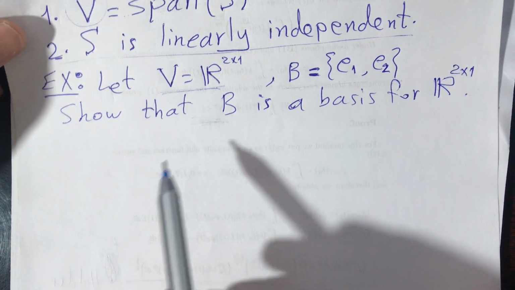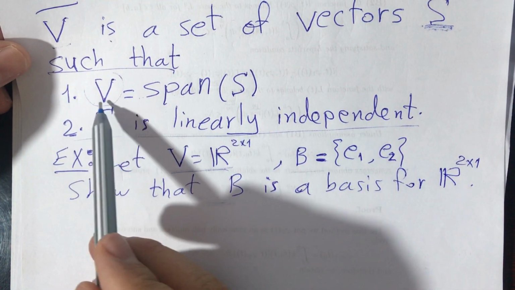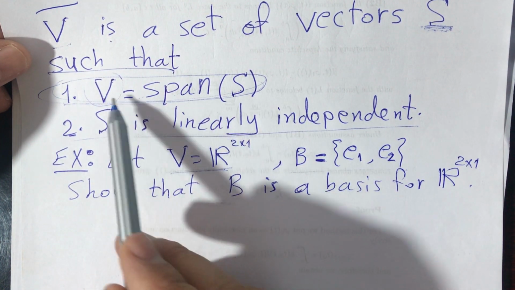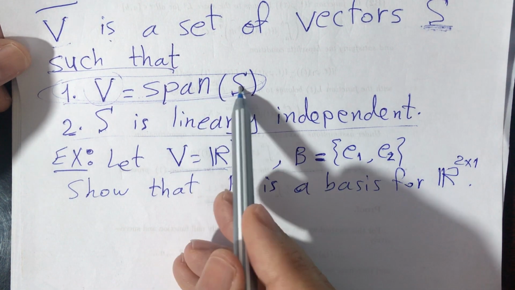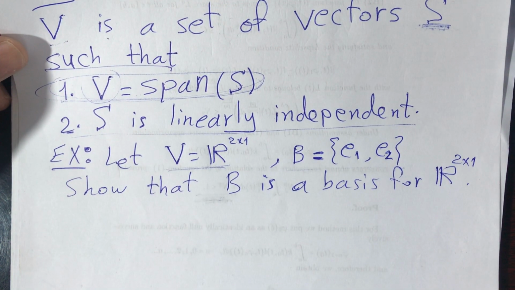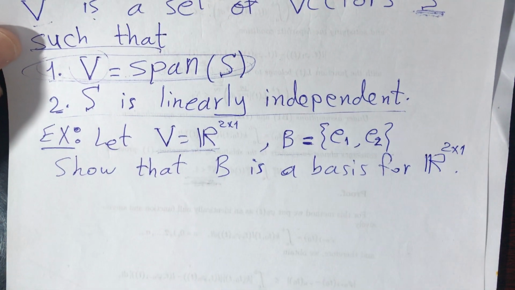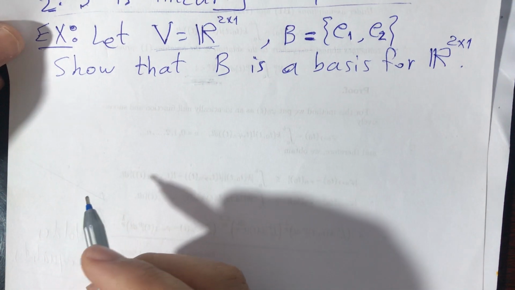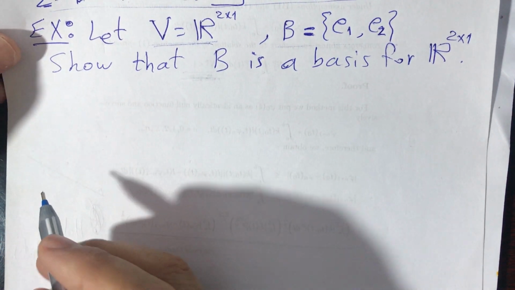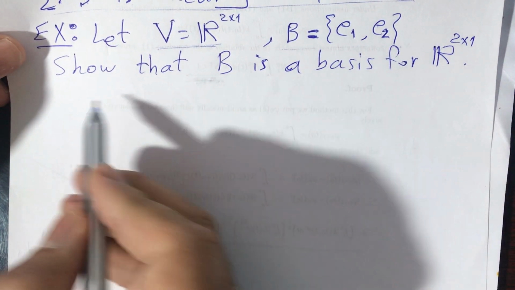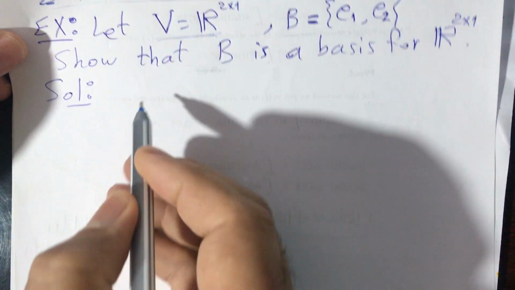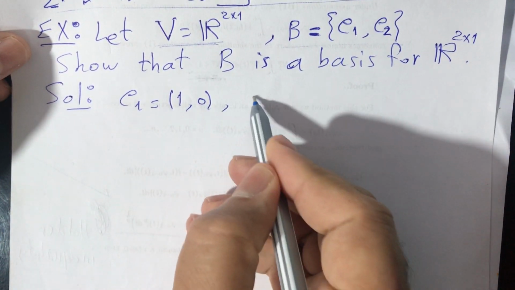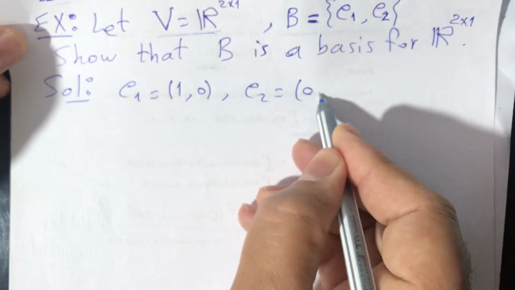That means we need to satisfy these two conditions. The first condition, V, that means R2, span S is equal to R2, and S is linearly independent. So first we have to show that, we know E1 is equal to 1 0 and E2 is equal to 0 1.